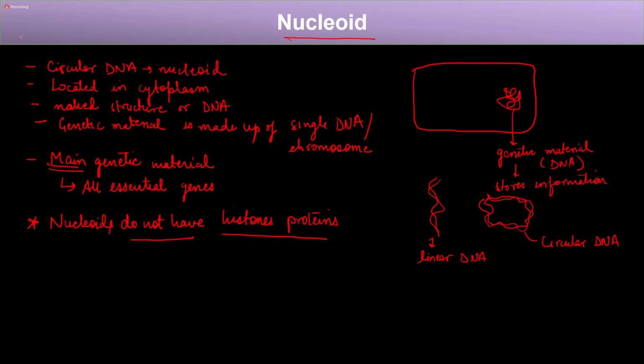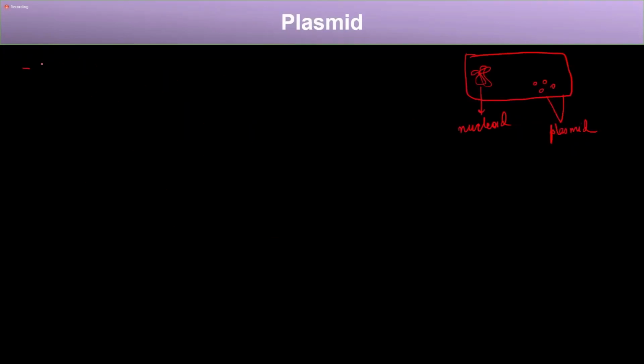So these are called extra chromosomal genetic material. Extra, because along with the main genetic material, these are the extra genetic material that is present. So these are extra chromosomal DNA.